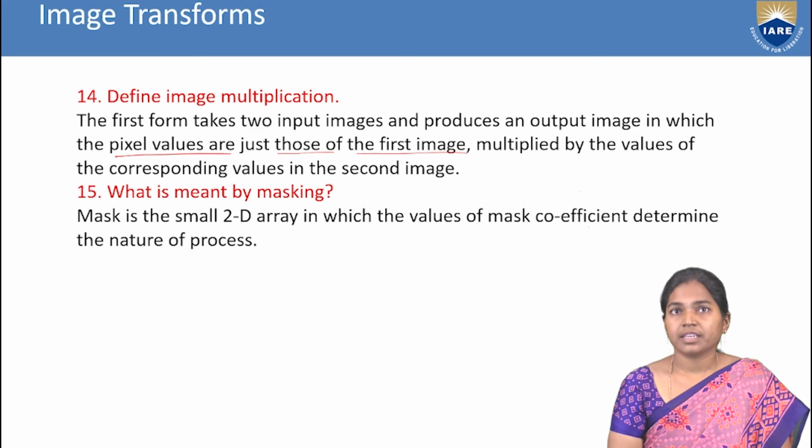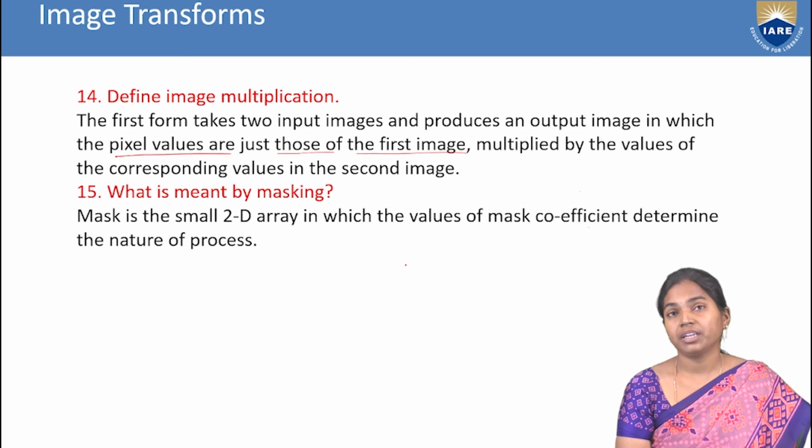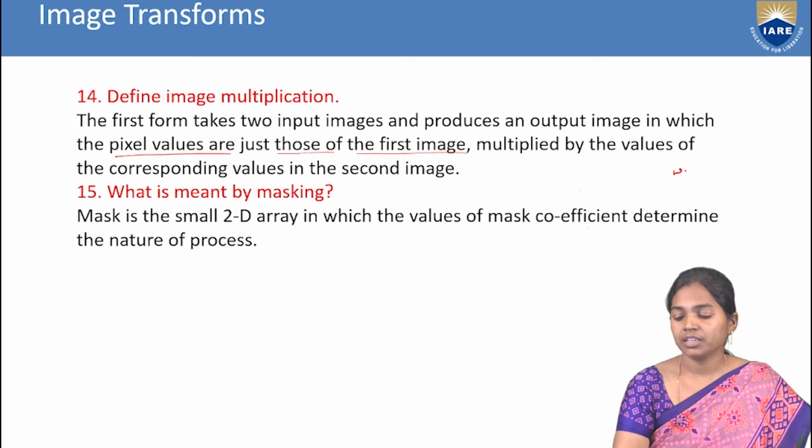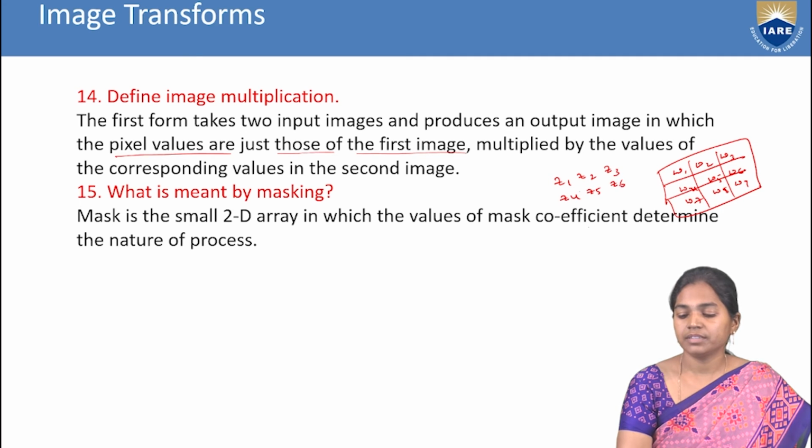What is meant by masking? A mask is a small 2D array in which the values of the mask coefficients determine the nature of the process. Depending on our requirement, we represent the mask as W1, W2, W3, W4, W5, W6, W7, W8, W9. The subimage is represented as Z1, Z2, Z3, Z4, Z5, Z6, Z7, Z8, Z9.